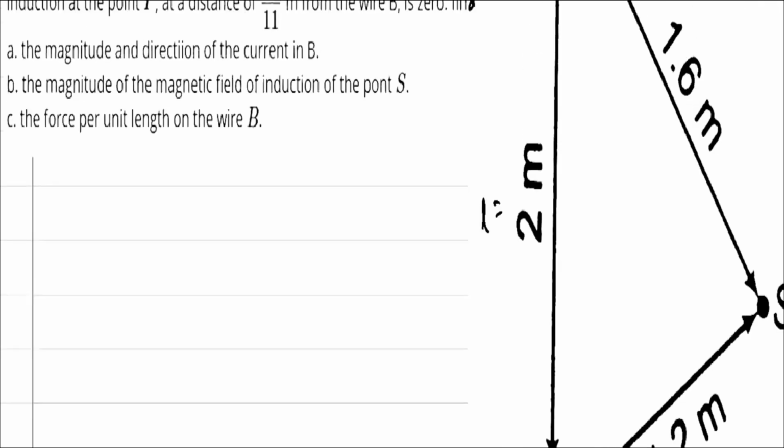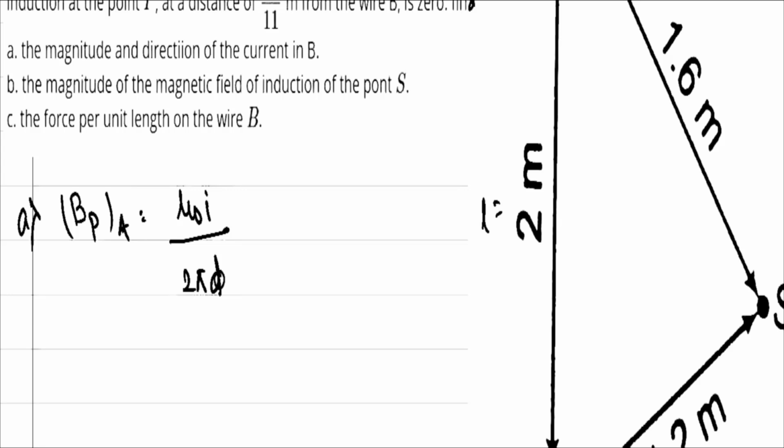Now solve the first question first. The magnetic field at point P due to A is mu naught I by 2 pi d, so mu naught I1 by 2 pi (L plus L1).